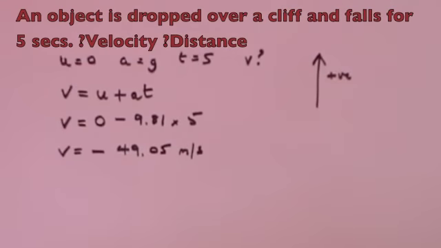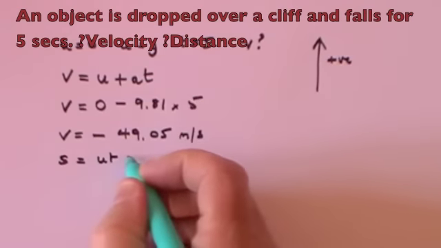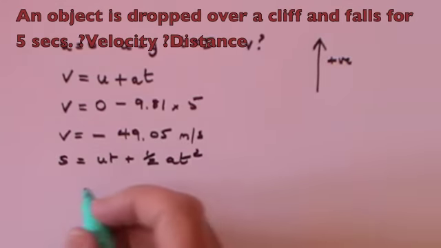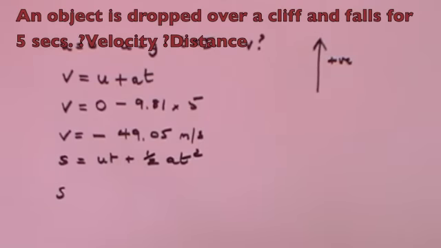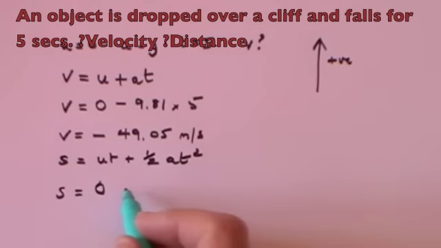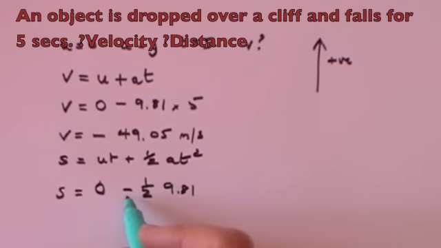To determine how far it travels, we need the formula s = ut + ½at². s, of course, is the distance that we're trying to find. How far does it travel when it falls? Well, u is 0, so that gives nothing. Then we've got a half. a is gravity, which acts downwards, so once again it's 9.81 but a minus term.